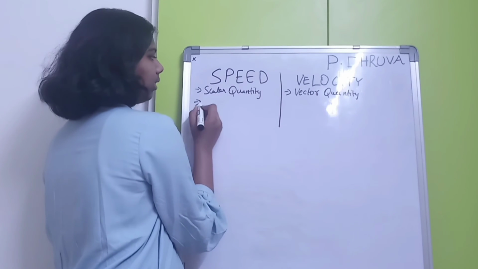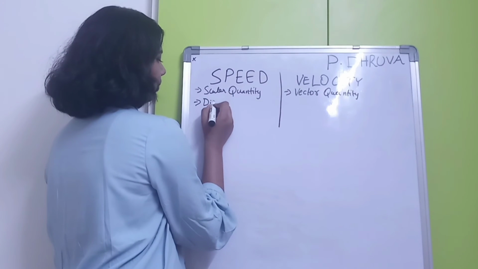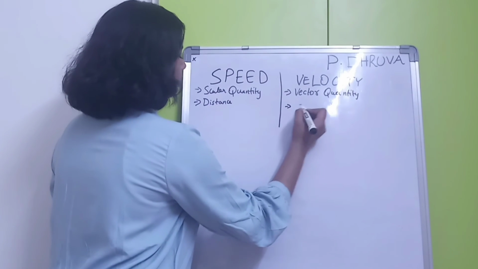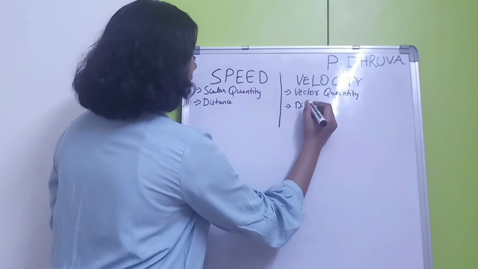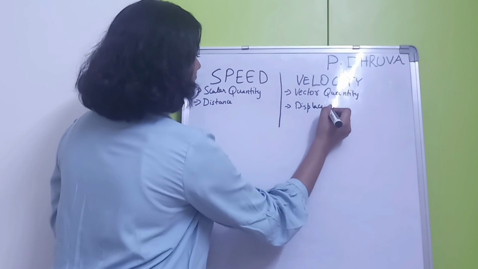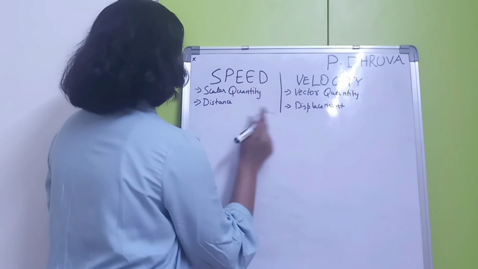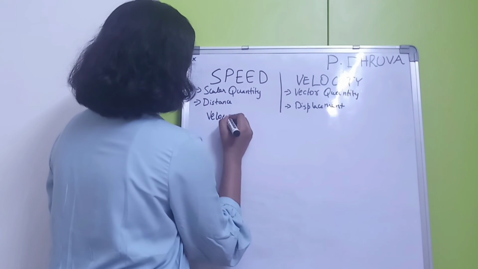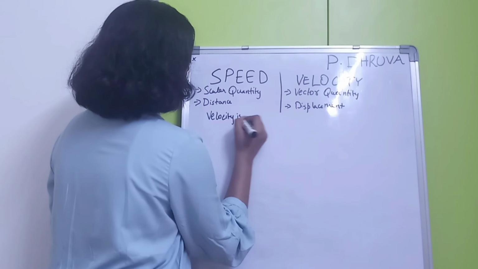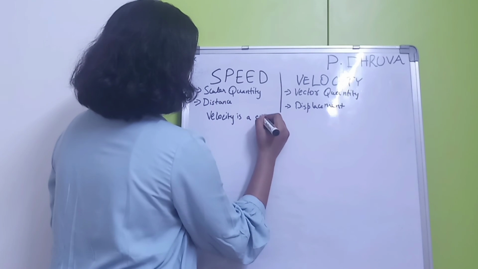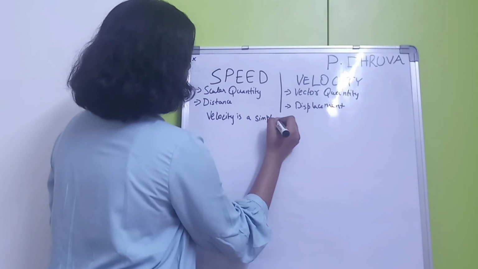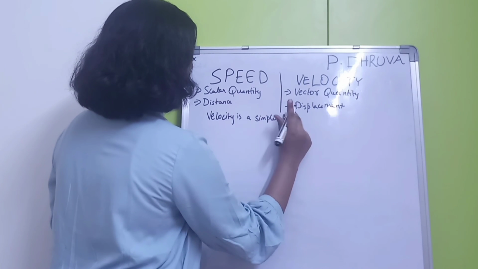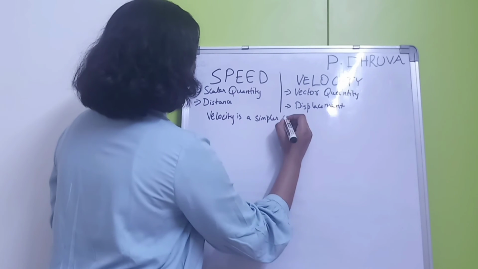In the formula for speed we take distance, and in velocity we take displacement.